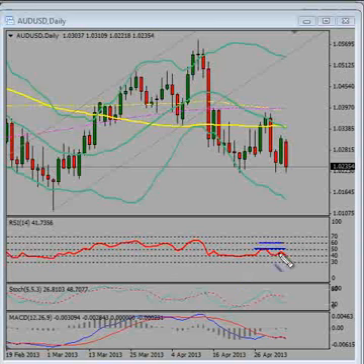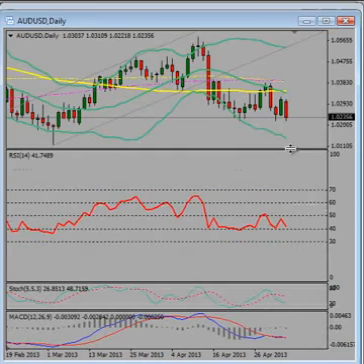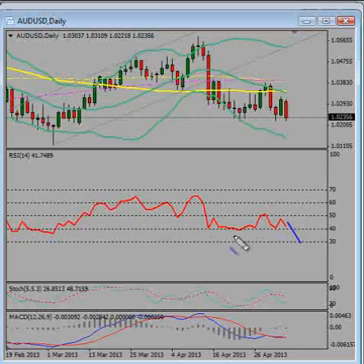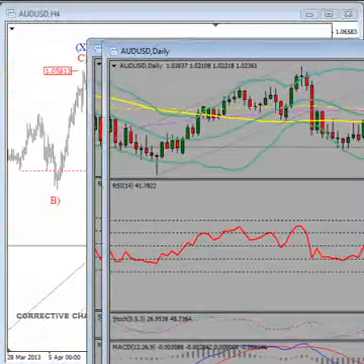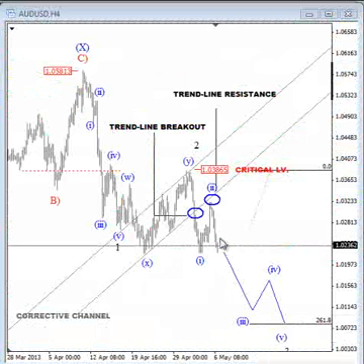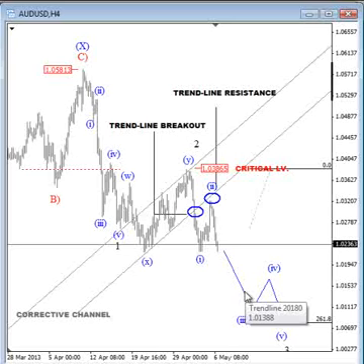For now we reversed lower from this zone, so I think that we will see new lower readings on the RSI, and at the same time we will see lower prices on the Aussie dollar. Ideally we will see a sharp break lower in wave 3 or 3, which is usually a very strong wave.